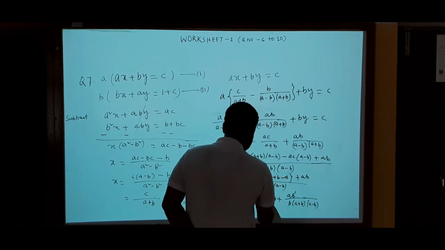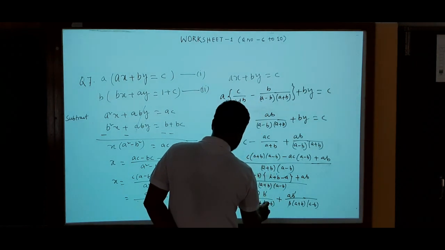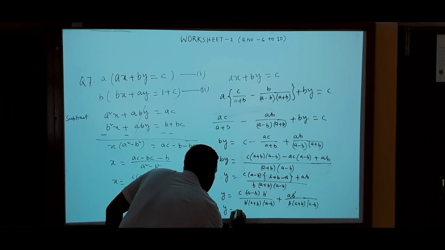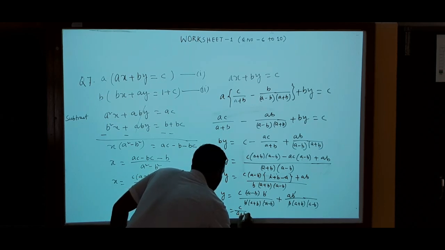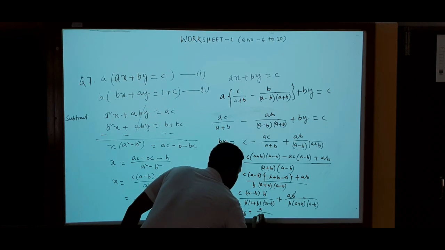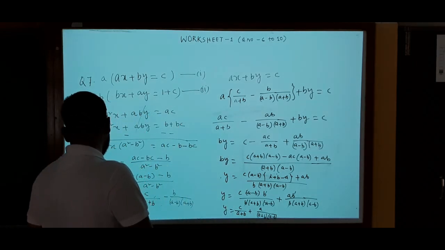B will get cancelled, a minus b and a minus b will also get cancelled. So what remains? Y equal to c upon a plus b plus a upon a plus b into a minus b. This is the value of y.